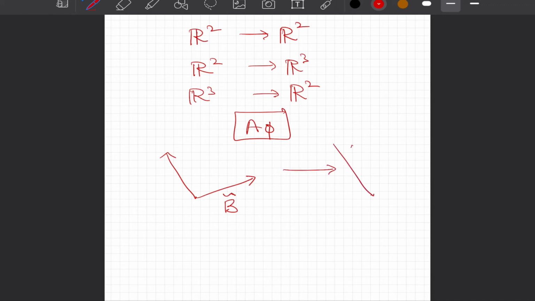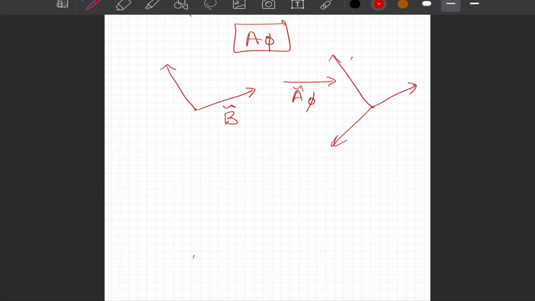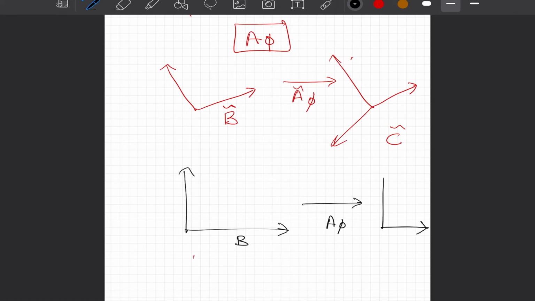I want to achieve some transformation where I go to some higher-dimension non-standard basis, and there would be some transformation associated, which I will represent by C tilde. On the other hand, I know how this transformation is going to look as long as I am in the standard coordinates or standard basis, and this would be represented by C. Now the question remains, what is the relationship between A phi and A tilde phi?